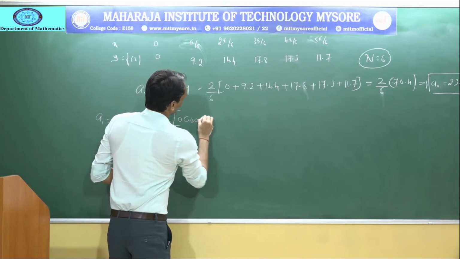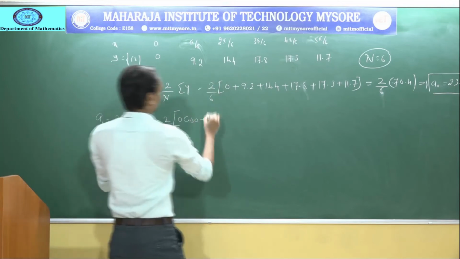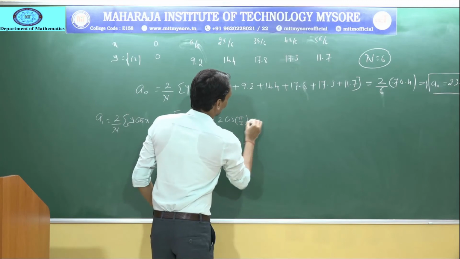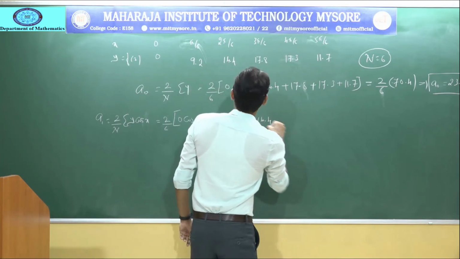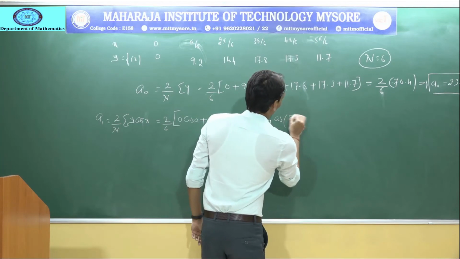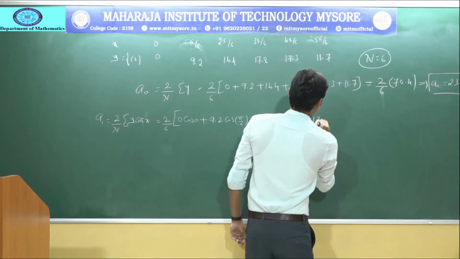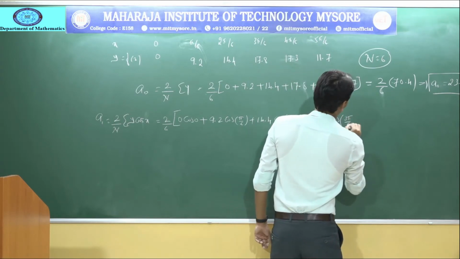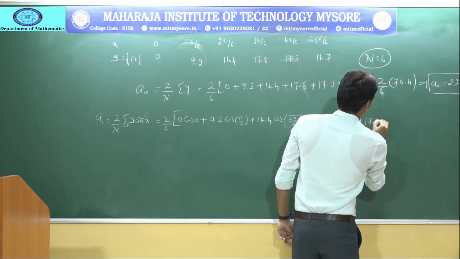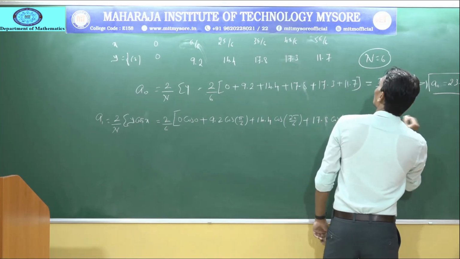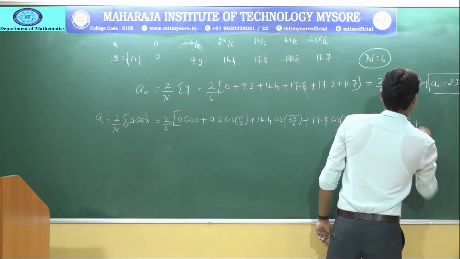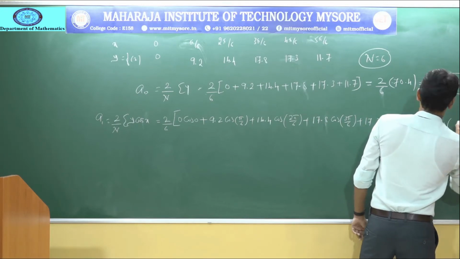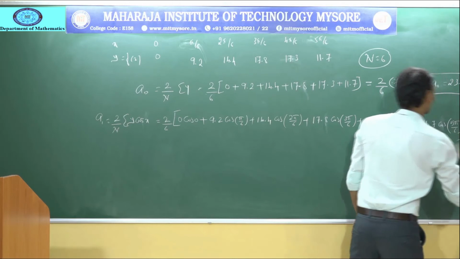So 0 into cos 0 plus the second value, y 9.2 into cos, replacing the x value, pi by 6, plus 14.4 into cos 2 pi by 6 plus 17.8 into cos of 3 pi by 6 plus 17.3 into cos of 4 pi by 6 plus 11.7 into cos of 5 pi by 6. Close the bracket.